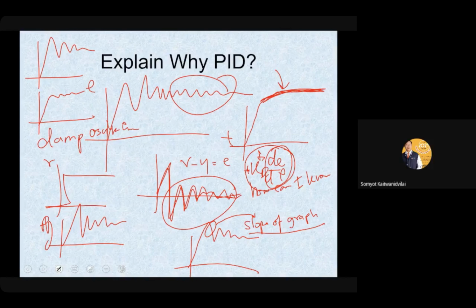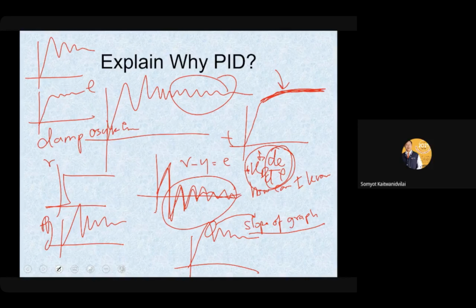And in my conclusion, before I start to go deeply into the PID details, I show you here. This is the PID table. If you have a response that is very slow and you want it faster, decreasing rise time, you make KP higher.